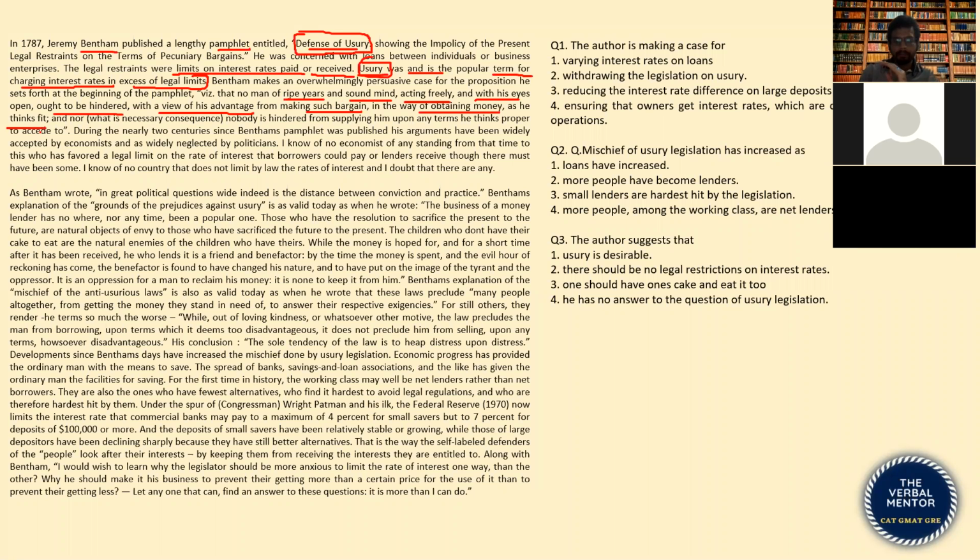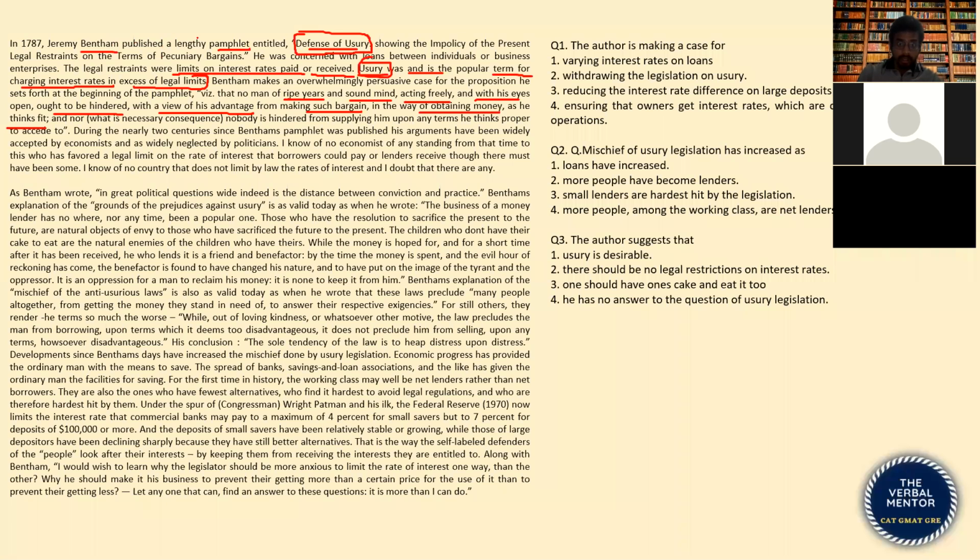So basically, the author says that this guy Jeremy made a strong case in favor of the practice of usury. This guy Jeremy proposed that if a person is sane, if he is in sound mind, he should not be prohibited from obtaining a loan at whatever interest rates he wants to pay for that loan. This guy Jeremy made a strong case.